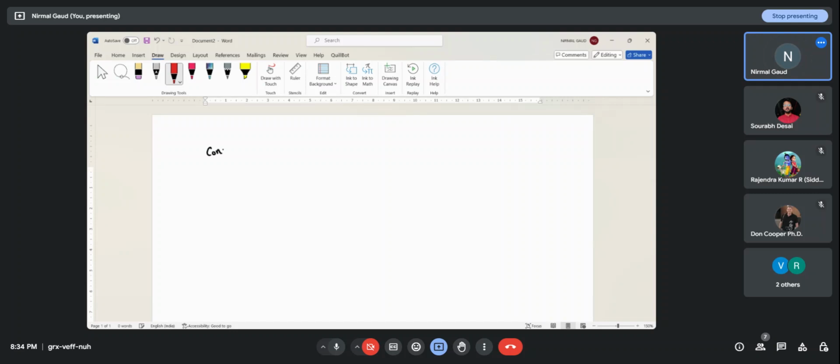Continuous data can be represented in the form of normal distribution. Okay, that is expected because normal distribution is a reference distribution. All right, it's a reference.